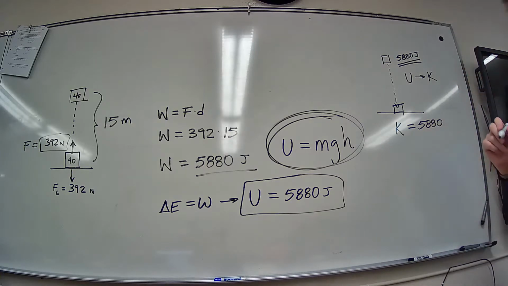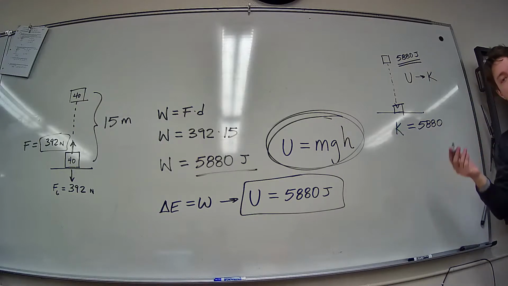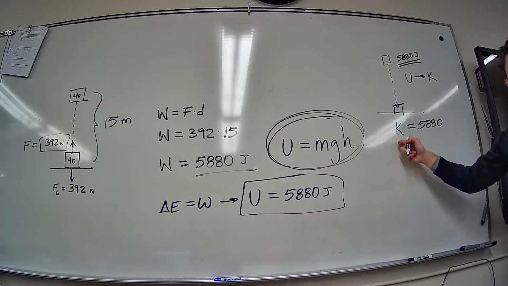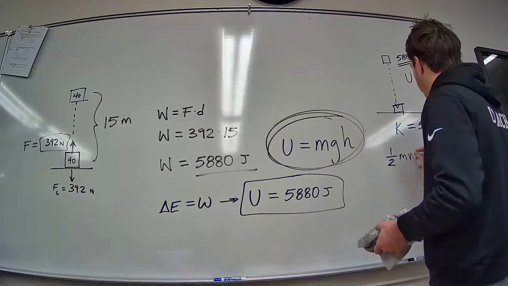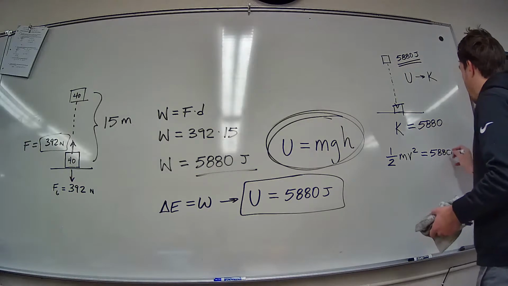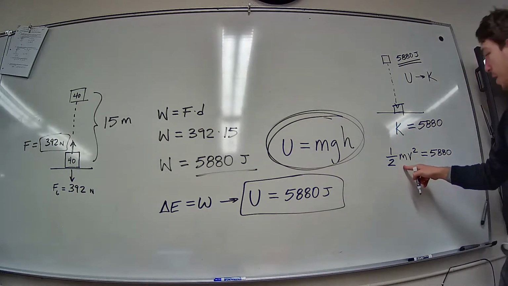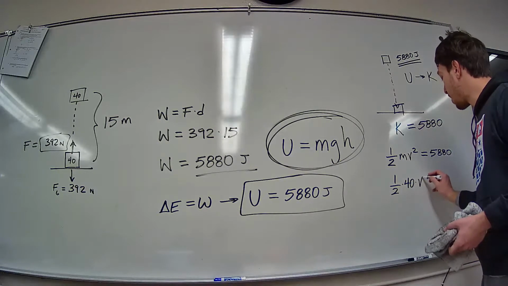And then how do I figure out how fast he's going? Well, we have a nice formula that quantifies the kinetic energy in terms of the velocity. So 1/2 mv squared equals 5,880. Of course, the mass is 40, so it's 1/2 times 40.